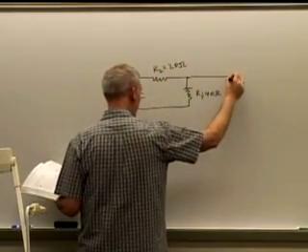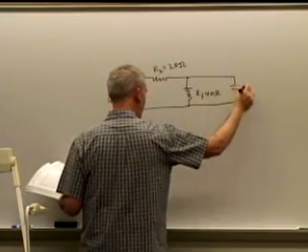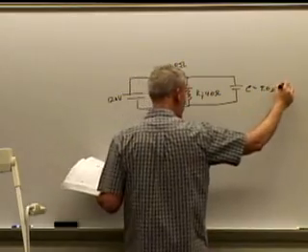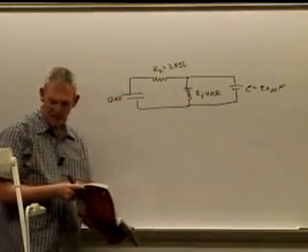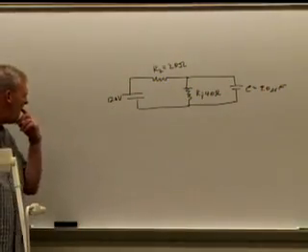And then back here, I've got a C equals 9.0 microfarads. Okay, good. Now, the question is this.